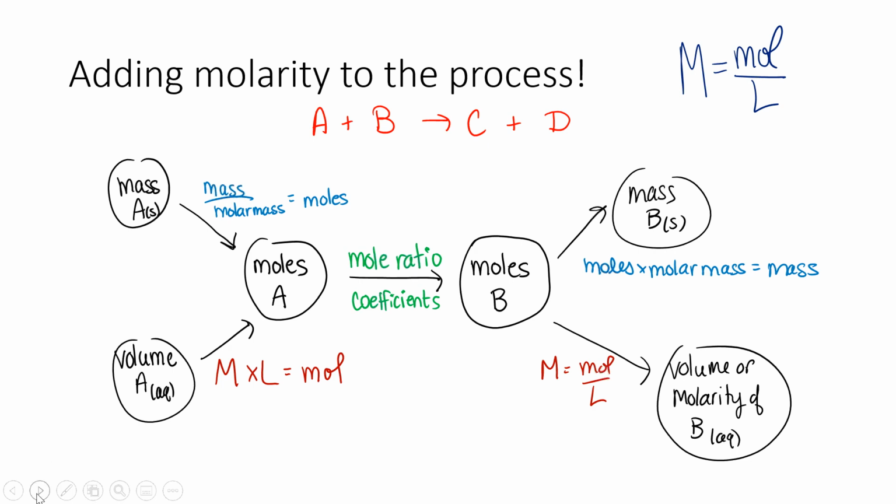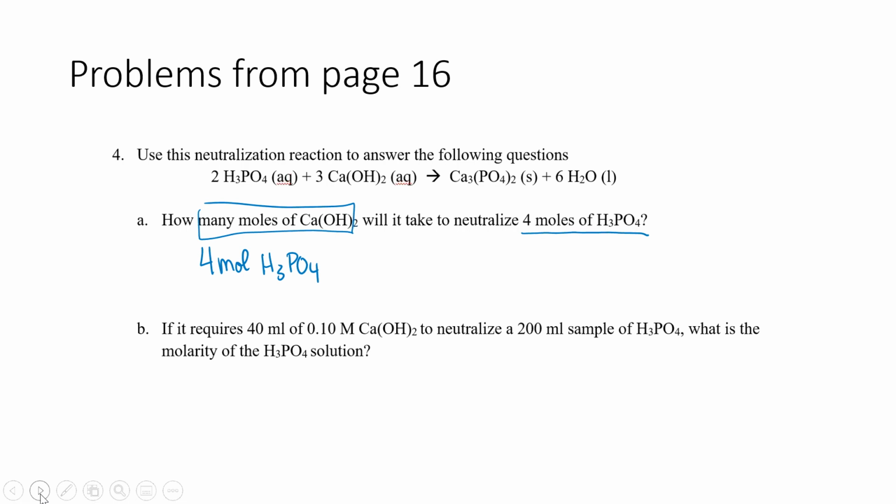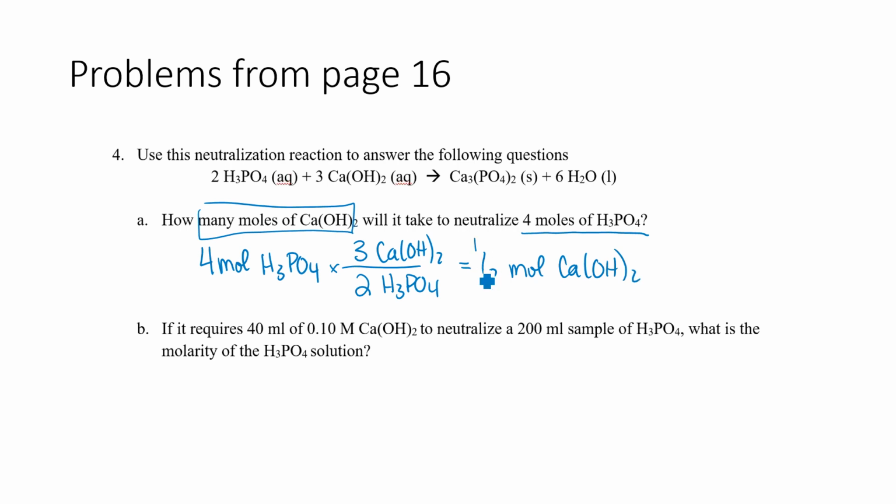So I'm going to use my mole ratio. And my mole ratio tells me that for every 2 H3PO4 that react, I am going to use up 3 calcium hydroxides. So 4 times 3 divided by 2 is 6. So that's how many moles of calcium hydroxide are needed to neutralize 4 moles of H3PO4.